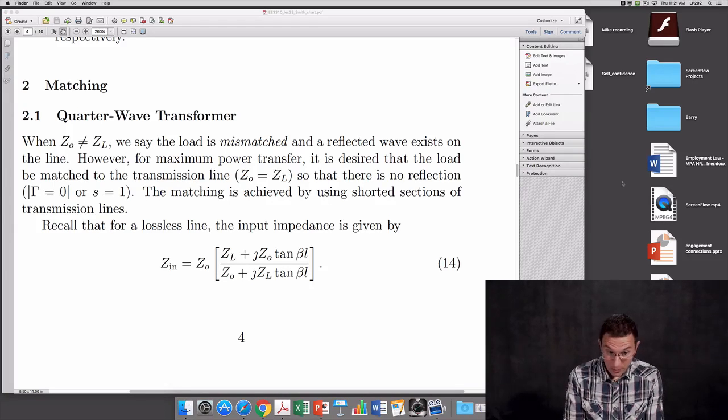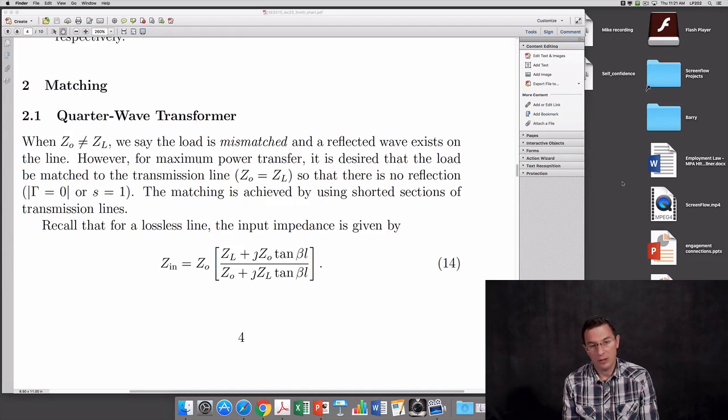However, for maximum power transfer, which is often desirable, it's desired that the load be matched to the transmission line. In other words, we would like the load impedance to be equal to the characteristic impedance of the line, so that we don't have a reflection. The magnitude of the reflection coefficient is equal to 0. The matching is achieved by using shorted sections of transmission lines.